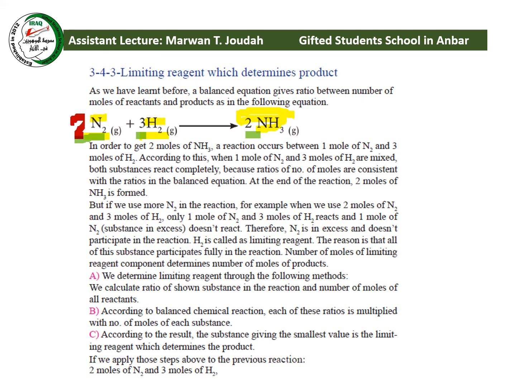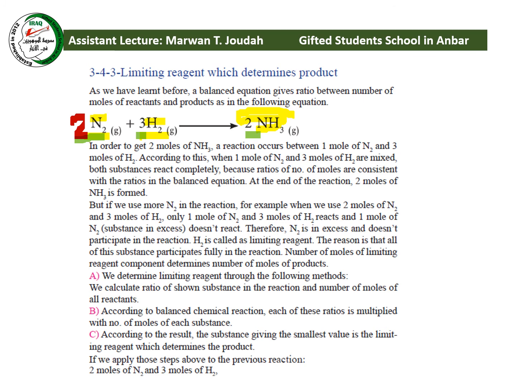Let's say we react 2 moles with 3 moles of hydrogen, and then we get 2 moles of NH3. From this explanation, we can predict that there is only 1 mole of nitrogen that has reacted with 3 moles of hydrogen to get 2 moles of NH3.